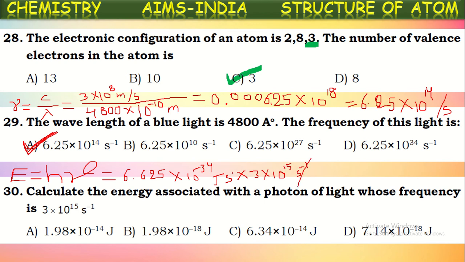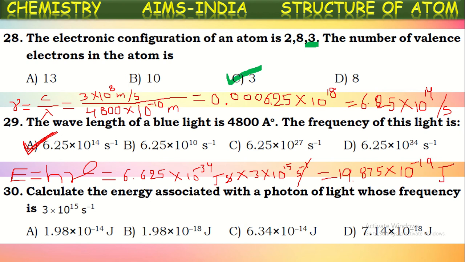Okay, these two will get cancelled. Now if you multiply these two, 6.625 into 3, we get 19.875 into, what do we get here, 10 to the power of minus 34 into 10 to the power of 15. It becomes 10 to the power of minus 19.